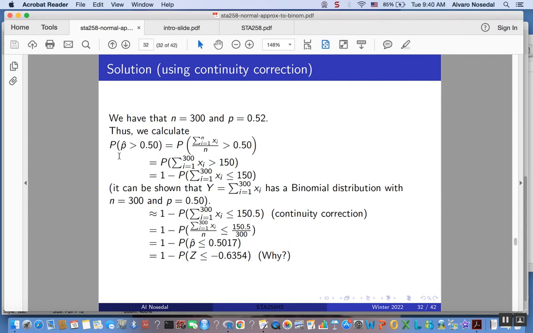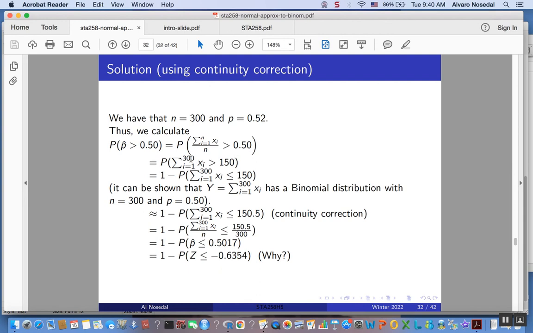Okay, so we proceed as before, right? The probability that p hat is greater than 50%, we express p hat in terms of a sum of Bernoulli random variables. Then we solve for the sum of Xi's. So what we have here on the right hand side is the probability that the sum of the Xi's is greater than 150, right?